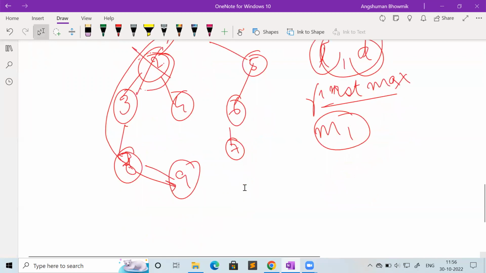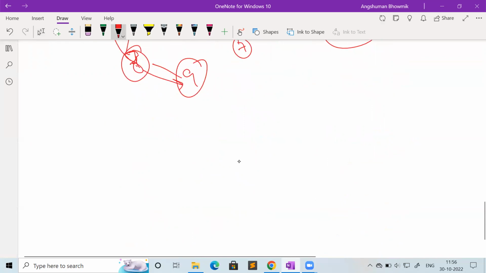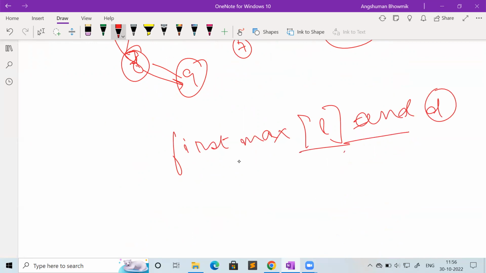So how do we check if 2 is actually contributing to the height? By checking the first maximum of level L and depth D of node 2. If these two are equal, that means 2 can be contributing.